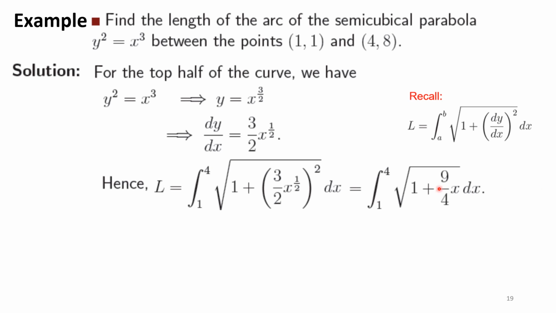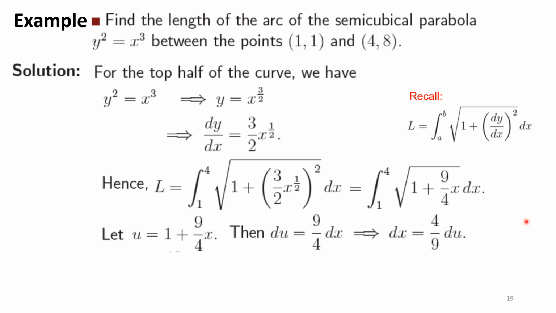Simplifying that further, you will have the integral from 1 to 4 of the square root of 1 plus 9 over 4 x, since 3 squared is 9, 2 squared is 4, and x to the 1/2 squared is x. Let this value be equal to u, so you have u to the 1/2. Then du is 9 over 4 dx, so dx is equal to 4 over 9 du.